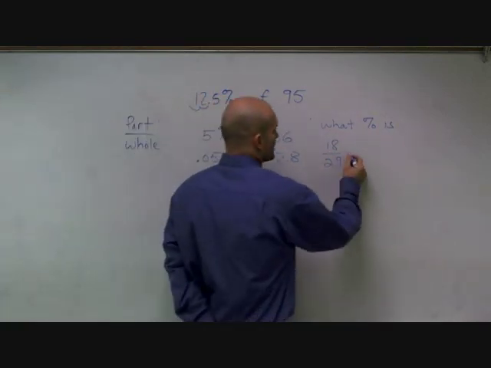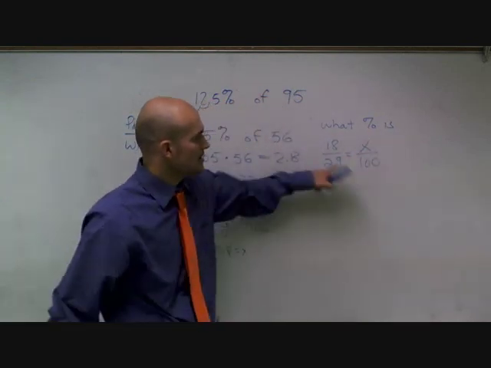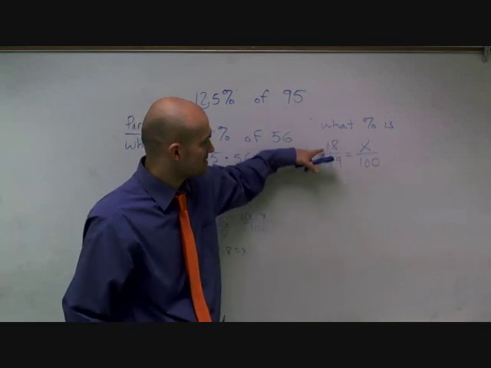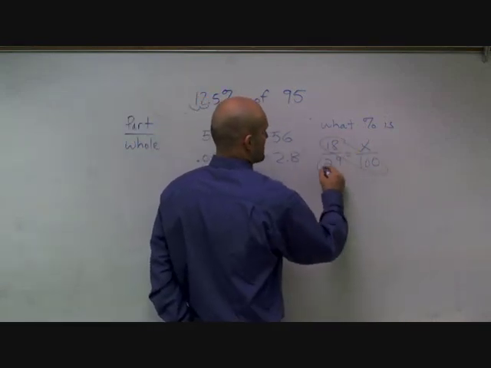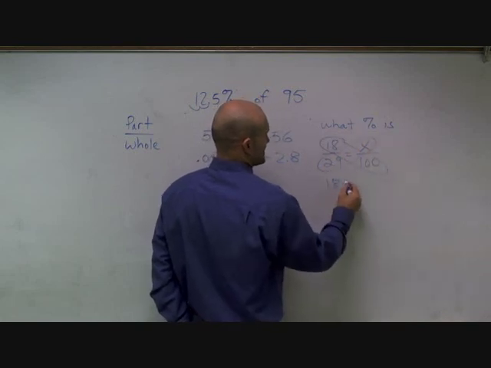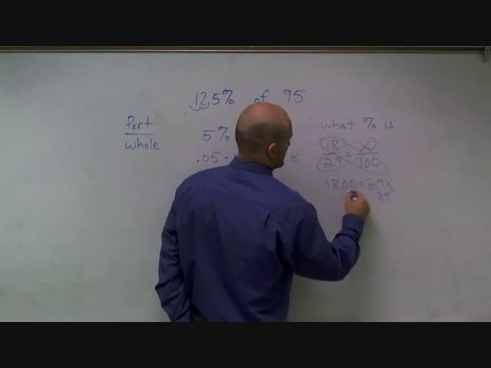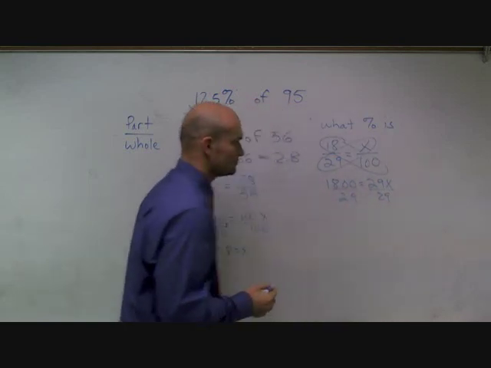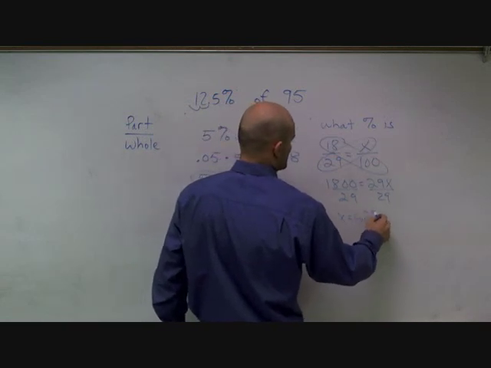That means I want to know what number out of 100, what number x would have to be. So again, I can cross multiply: 18 equals 29x, divide by 29, and what I obtain is x equals 62%.